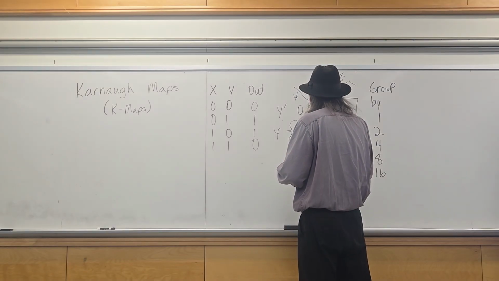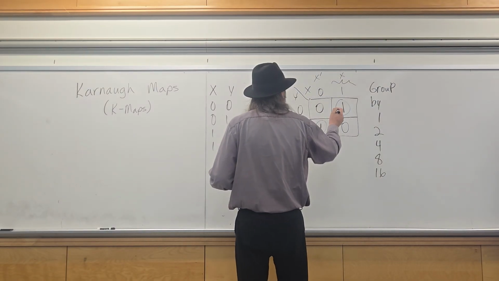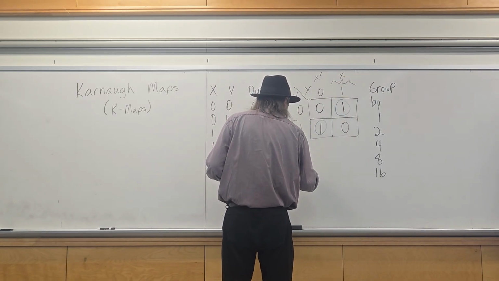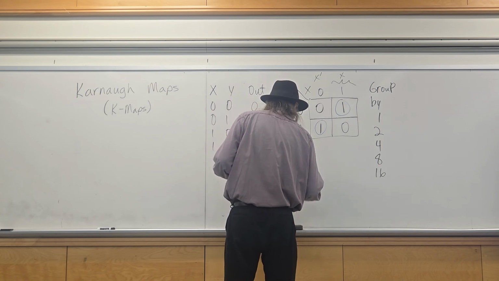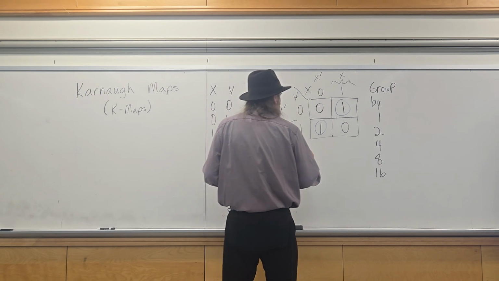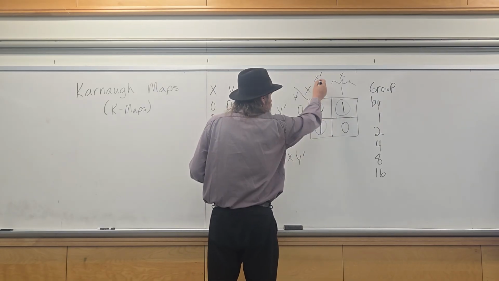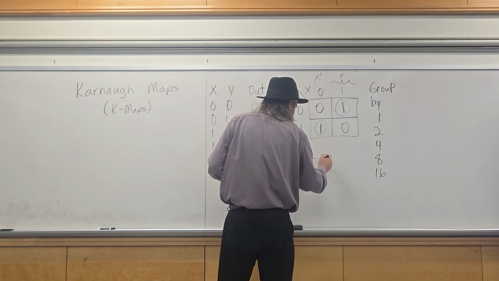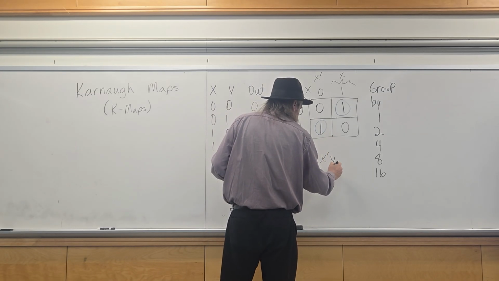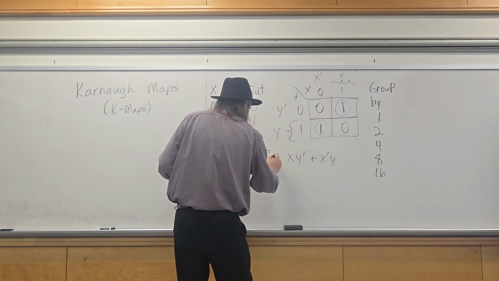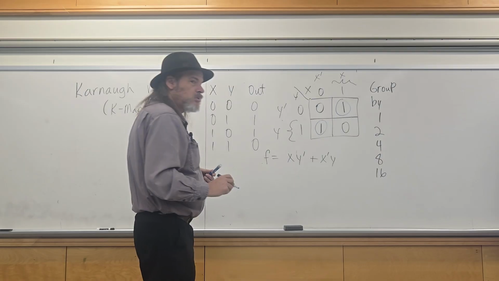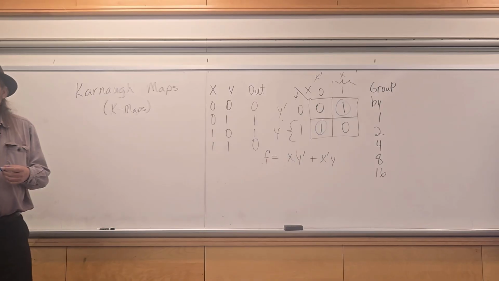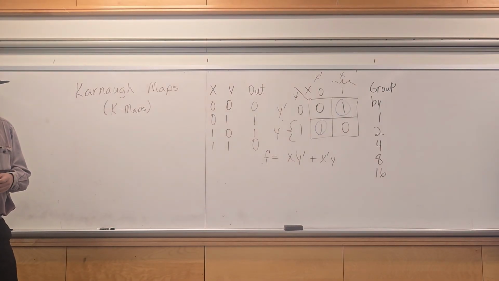And you see that the expression is X and not Y, and Y and not X. So that would be, using ANDs, ORs, and NOTs, the expression for the XOR gate.